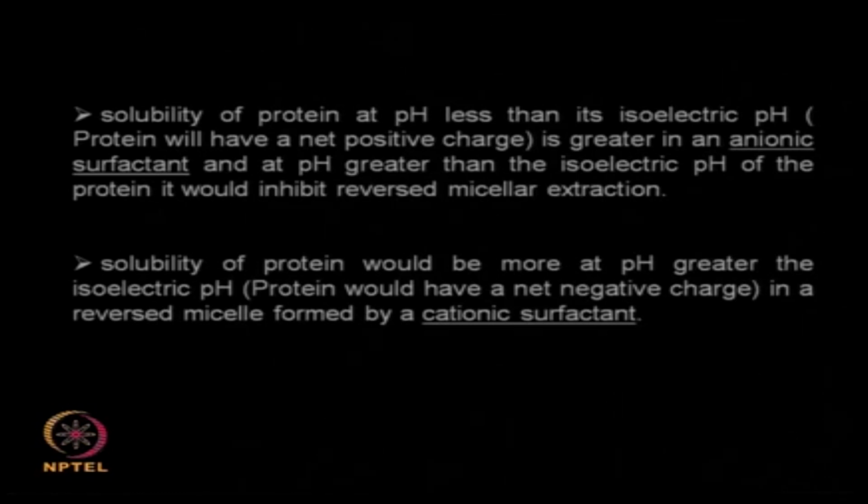So by selecting the surfactant depending upon the pH at which you are going to operate, you can increase the solubility of the protein. Or conversely, if I know what type of surfactant I am going to use, then I will select the pH either greater than the isoelectric pH or less than the isoelectric pH. By adjusting the pH based on the isoelectric point, I can increase the solubility of the protein in that particular surfactant.